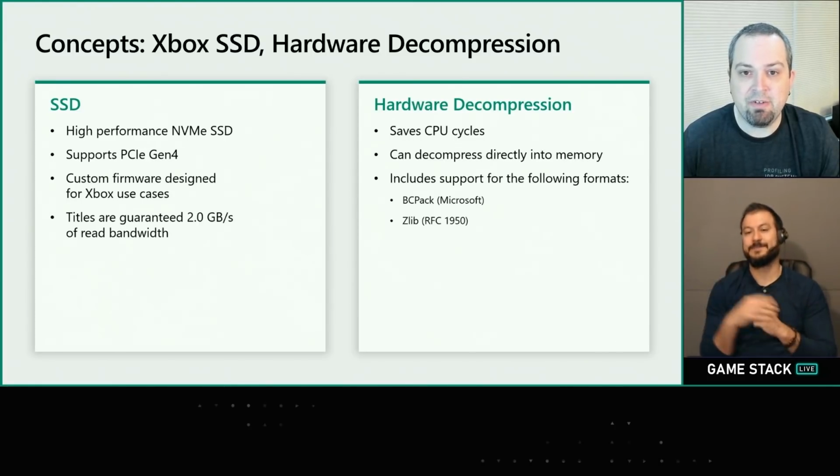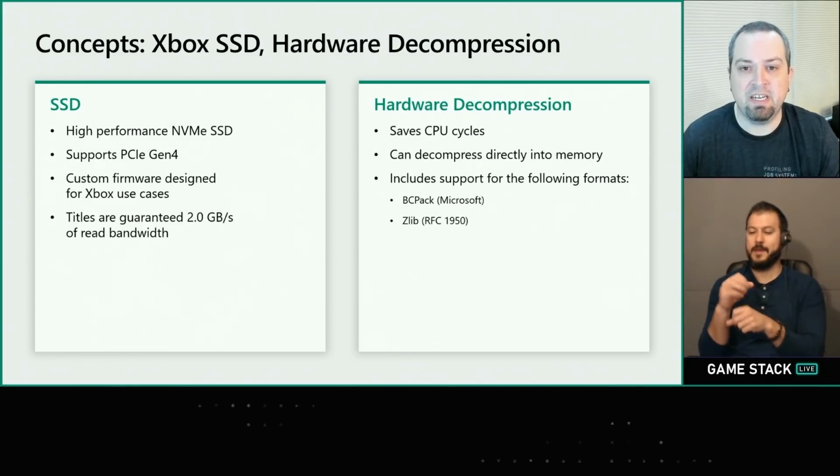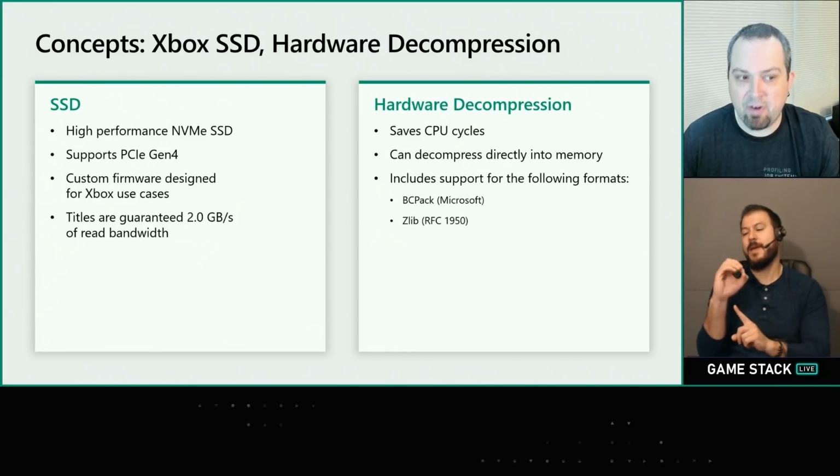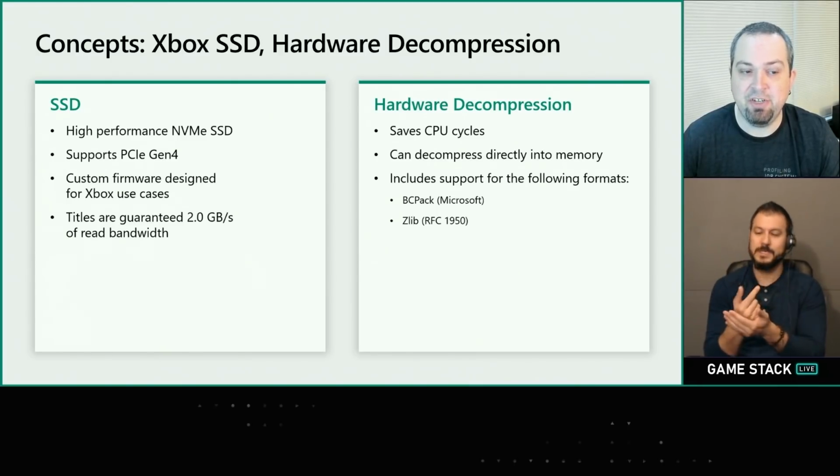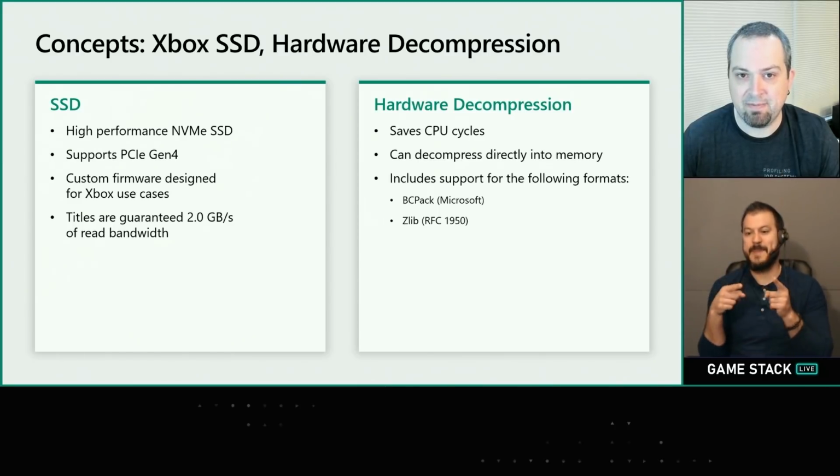We worked very closely with our suppliers to develop custom firmware that is designed specifically for Microsoft and the Xbox. This firmware allows us to guarantee 2 gigabytes per second of read bandwidth coming from the SSD.